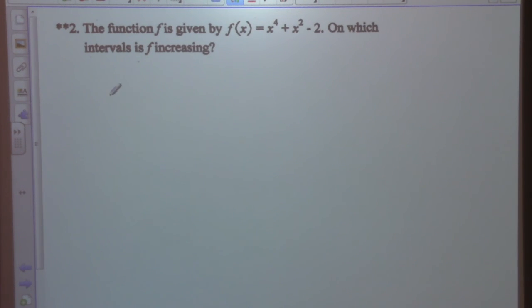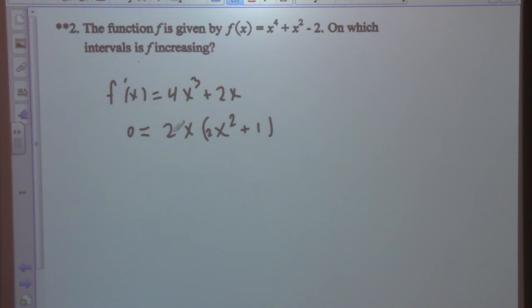Okay, that's your time. So here, the first step: f prime of x is equal to 4x cubed plus 2x. So 0 is equal to 2x times the quantity 2x squared plus 1.